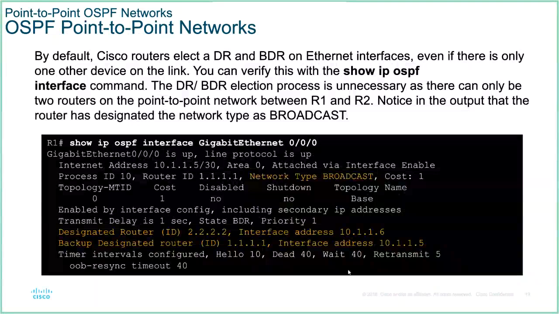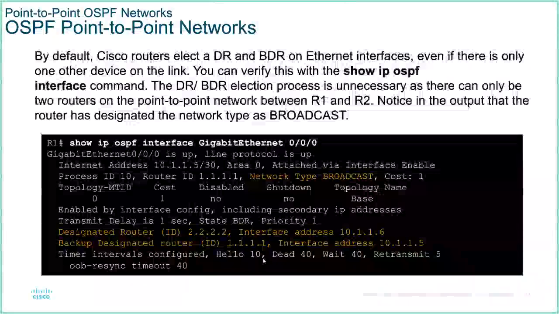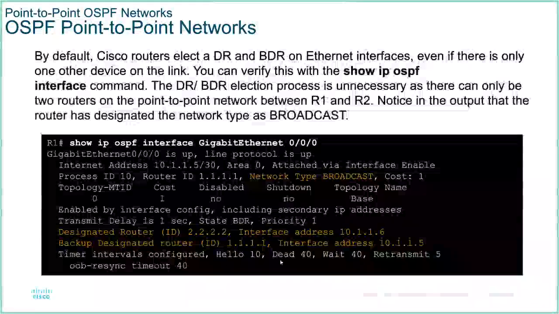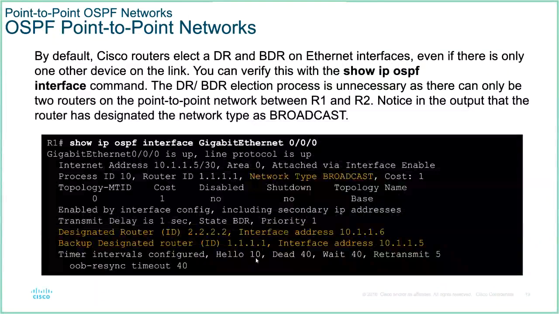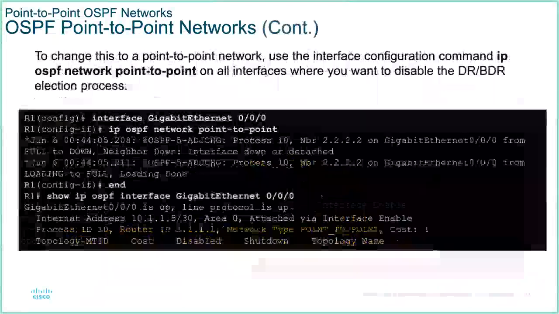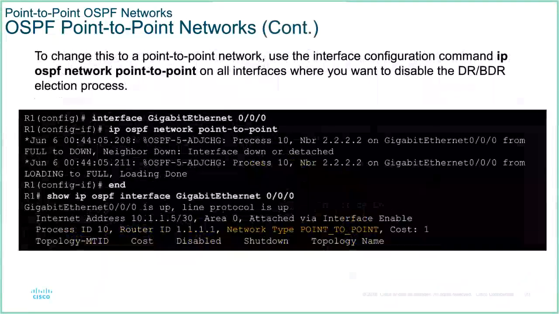So 10, 40, 40. These two are the two main ones we set, hello and dead. So all of our participating devices need to have the same timers, as you would have heard when we went through the theory behind OSPF.